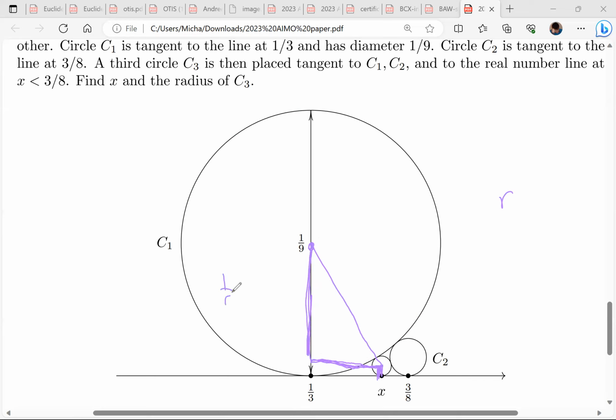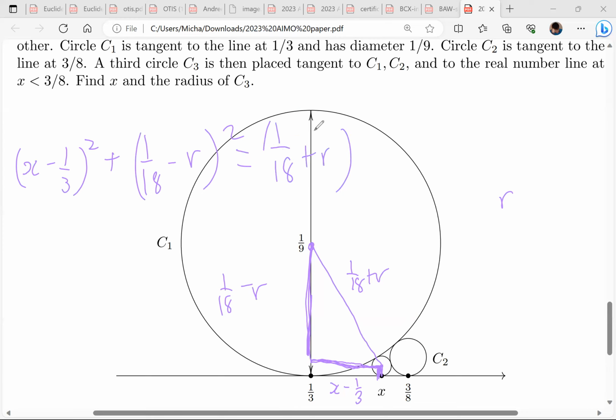This is 1 on 18 minus r, this is 1 on 18 plus r, and this is x minus a third, right? So x minus a third squared plus 1 on 18 minus r squared equals 1 on 18 plus r squared.